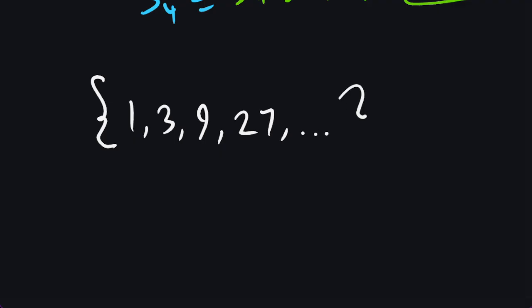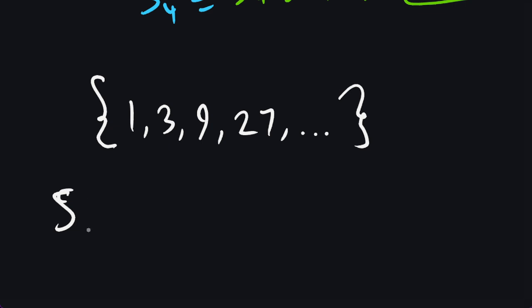Now, let's actually use a different sequence to illustrate this. Let's say we have this sequence, 1, 3, 9, 27, and so on. So this is an infinite sequence because we have the ellipsis right here. So since this is an infinite sequence, we can take the partial sum of it.